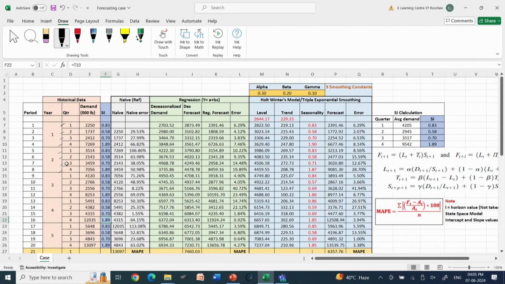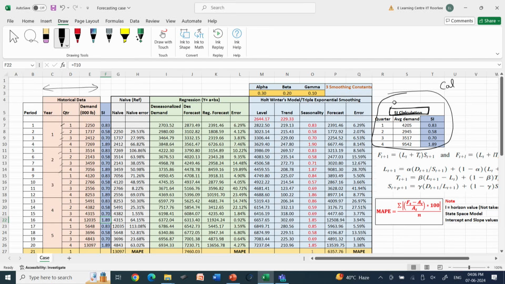I request you initially to focus only on the first 3 columns, C, D, E, where quarterly data is available. Using this quarterly data, we are first required to calculate the seasonal index. Now, how have we calculated the seasonal index?